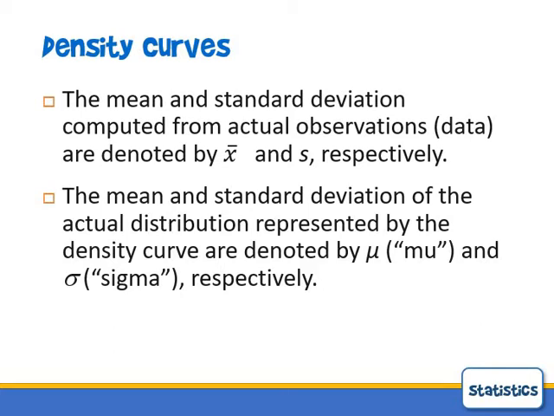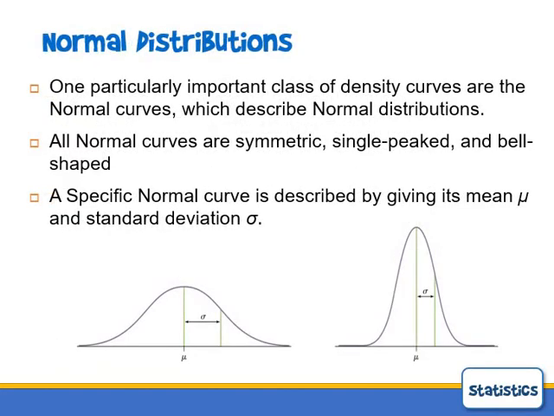So x bar and s are the sample mean and the sample standard deviation, what we call statistics. Mu and sigma are the population mean and the population standard deviation, what we call parameters. And the normal distribution is extremely well behaved in terms of the parameters.